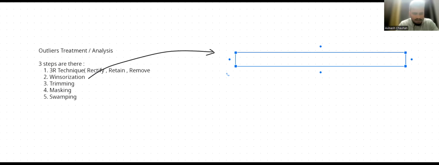If the outlier is less than the minimum, then we replace it by the 5% value.